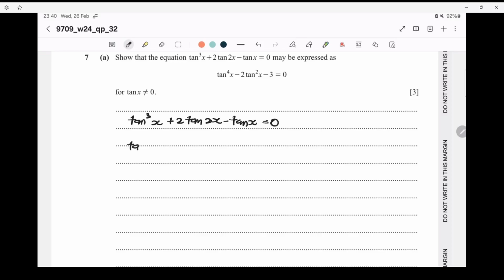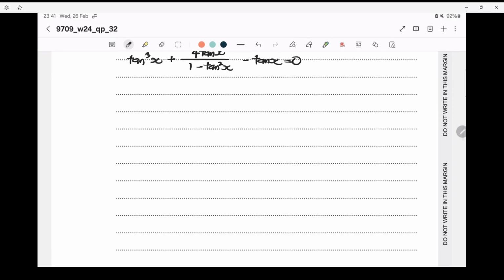You have tan^3 x plus 2, so I will just write the version down, 4 tan x over 1 minus tan^2 x, minus tan x equals 0. So multiply the whole equation with 1 minus tan^2 x.